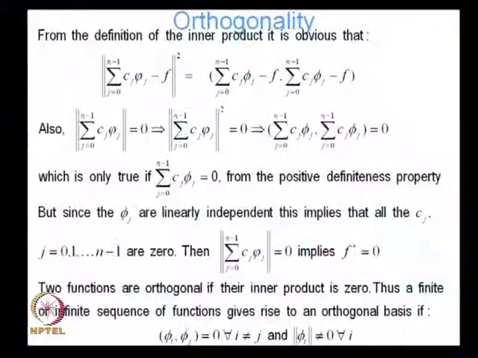From the definition of the inner product, it is obvious that the norm squared of sigma C_j phi_j minus f, I can write it like that, right. It's just the inner product of sigma C_j phi_j minus f with itself.